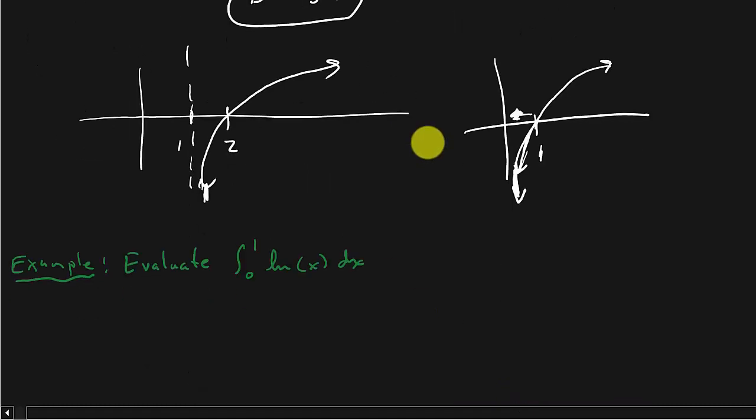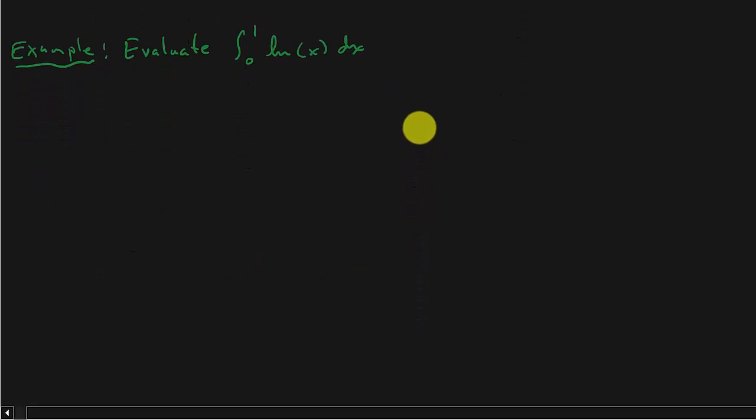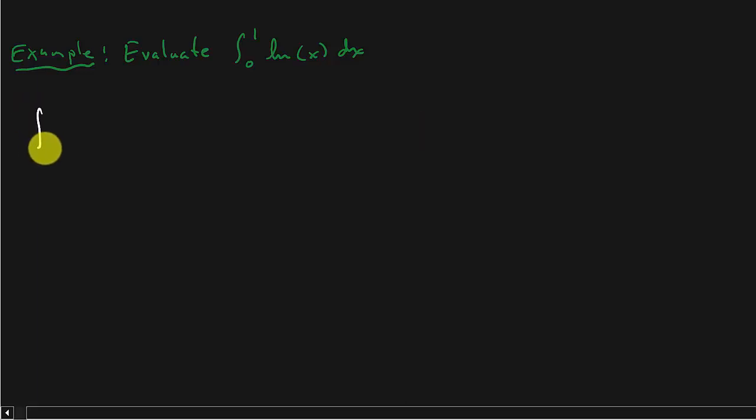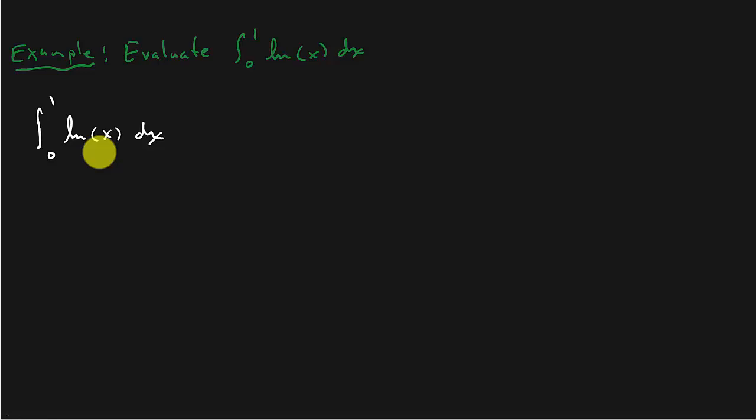All right, so this is the last example. We want to evaluate the integral from 0 to 1 of natural log x dx. Well, it's not continuous at 0, is it? We can't take the log of 0.